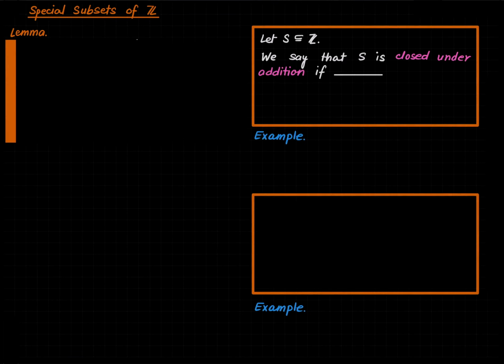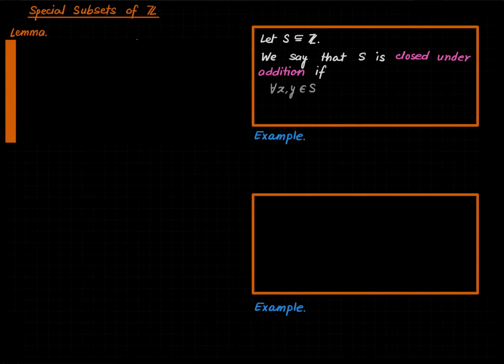Okay, so before we state and prove Bezout's theorem, I want to discuss an interesting but simple lemma, which will be instrumental. So fix a subset of integers S. We say that it is closed under addition if, you can guess, whenever we choose x and y in S, we get that their sum is also in S. Very simple definition.